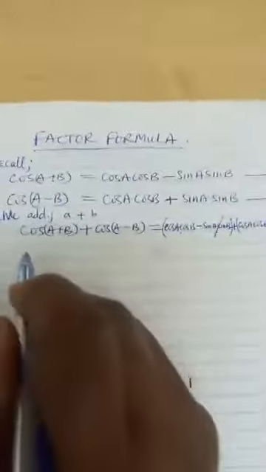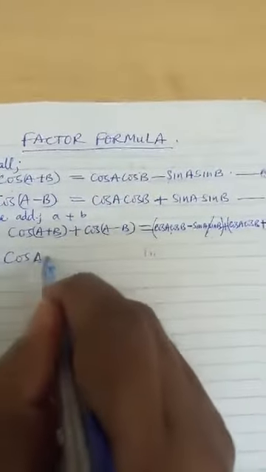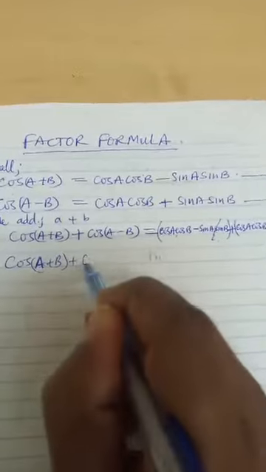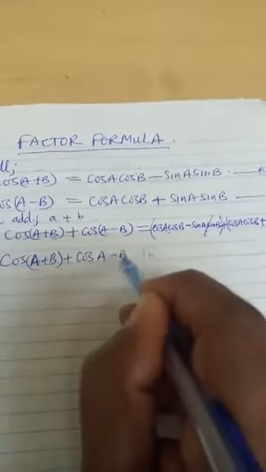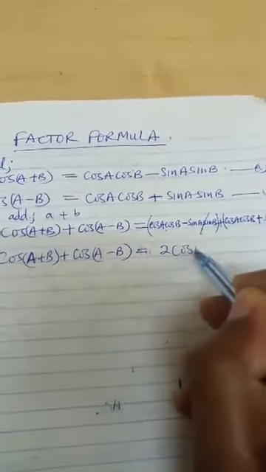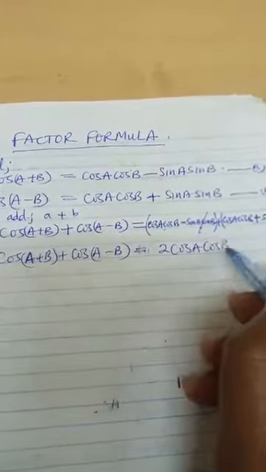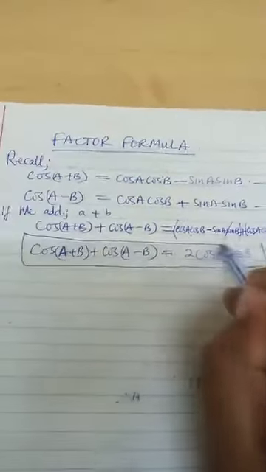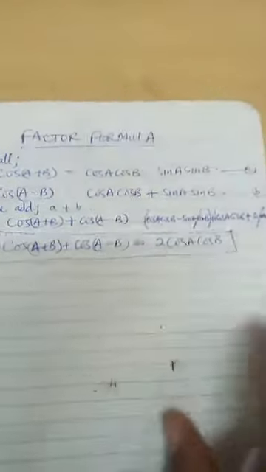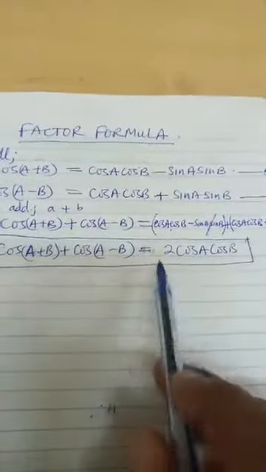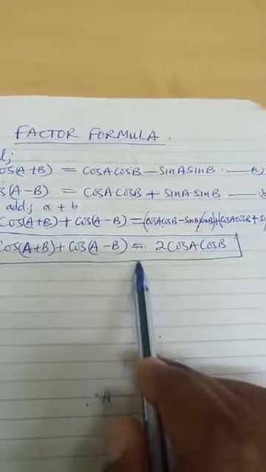So it means we shall get that the cos of A plus B plus the cos of A minus B, for now, is 2 cos A cos B. I don't want us to confirm this as the factor formula yet, but this is it anyway.